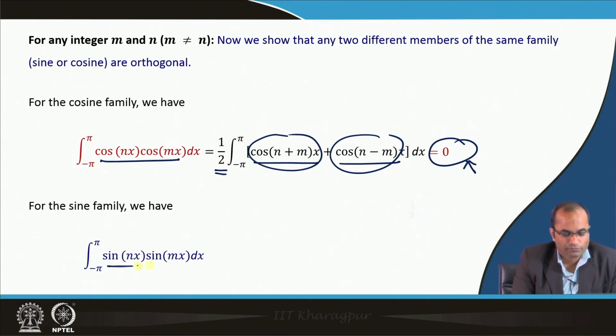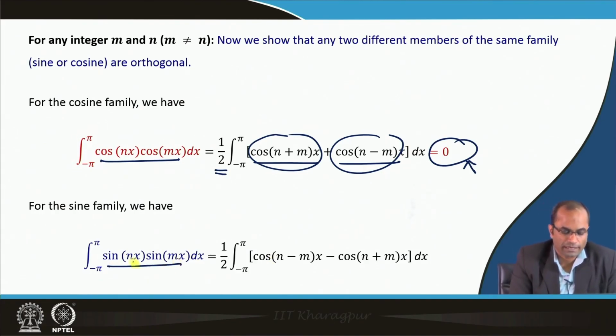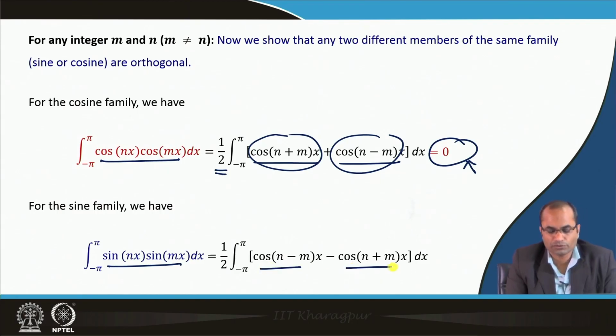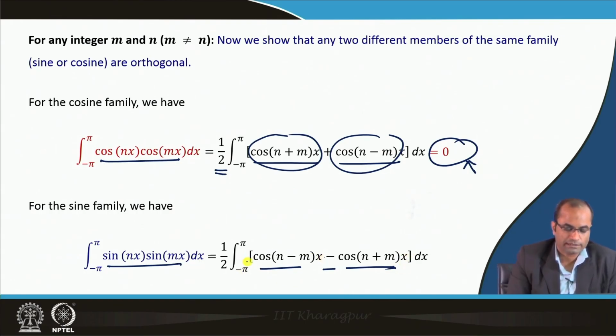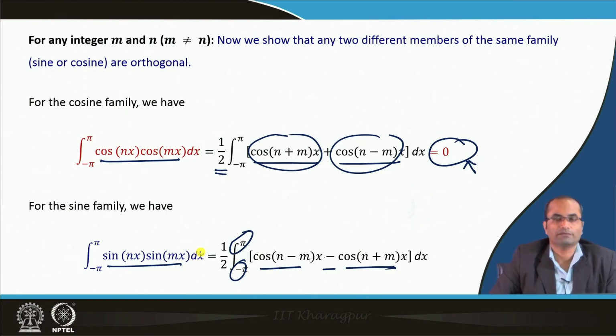Similarly, if we take from the sine family also, the same situation will happen. So, again this trigonometric identity will lead to the cos only with the negative sign there, and when we integrate this, again sin (n minus m) x and sin (n plus m) x will come, and when we substitute the values pi and minus pi, sin of an integer times pi is 0 in each case.